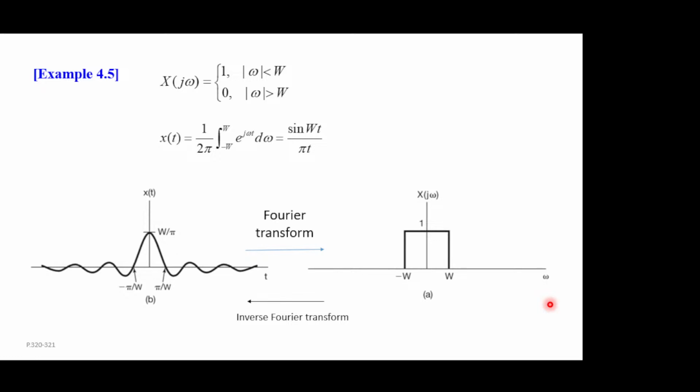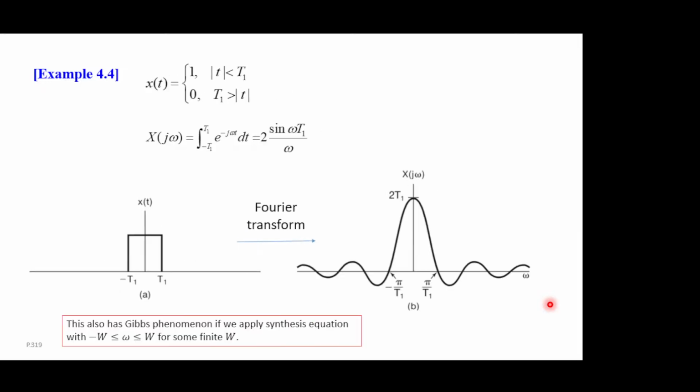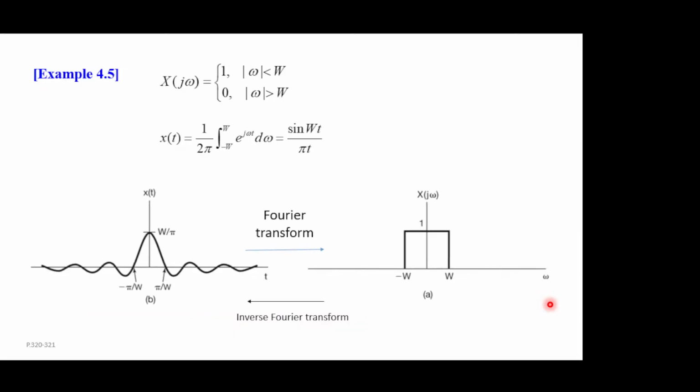Something very interesting is you can do this in kind of reverse. We'll see a little bit more. There is a symmetry between small x and big X. So now think about if we have big X of j omega as the square wave function here.